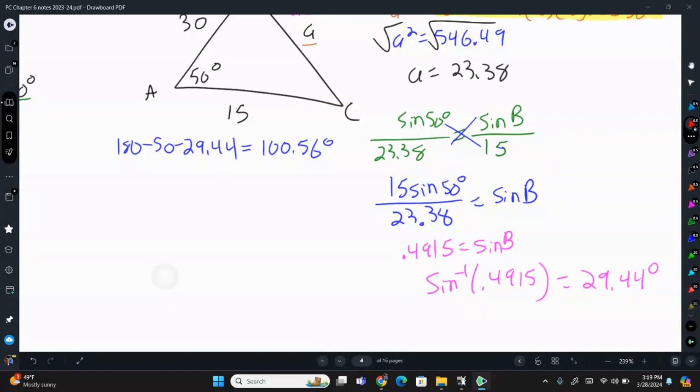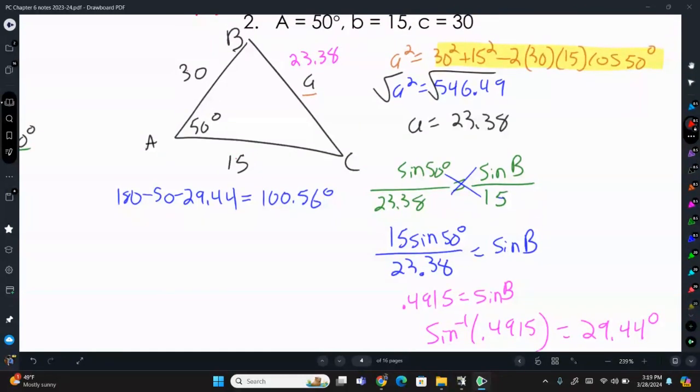So that would be what angle C is. So angle B was 29.44 degrees. Angle C was 100.56 degrees. And then side A was 23.38.